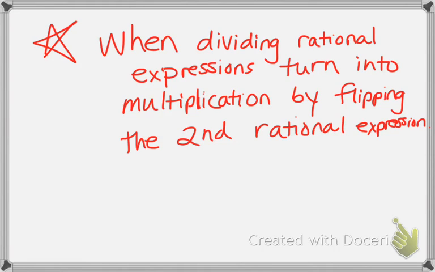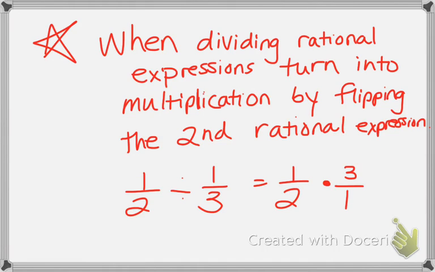So that same thing holds true for when you divide fractions. Right? So if you had 1/2 divided by 1/3, that's the same as taking 1/2 times 3/1. It's our basic rule of thumb: dividing is the same as multiplying by the reciprocal.